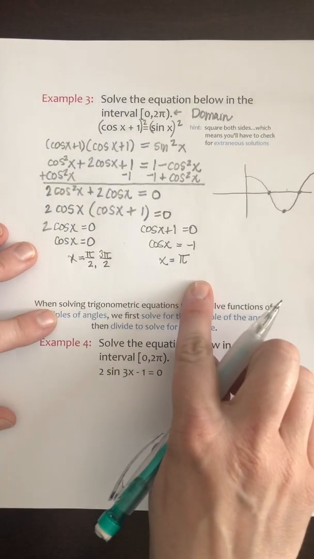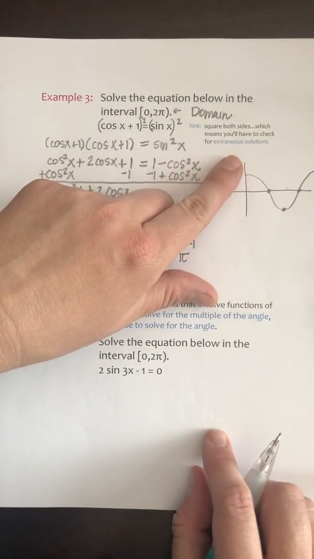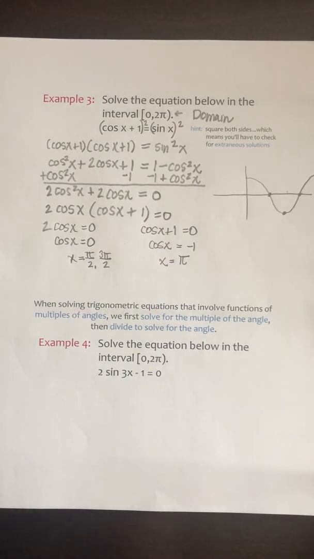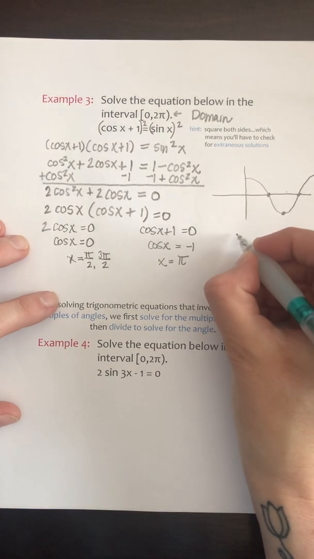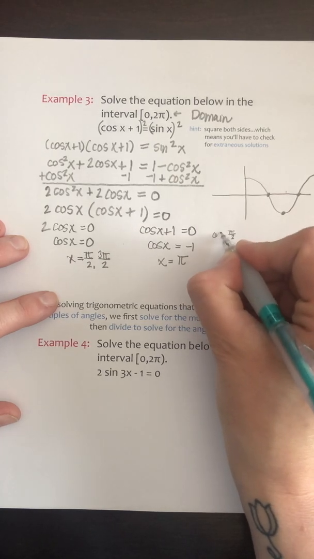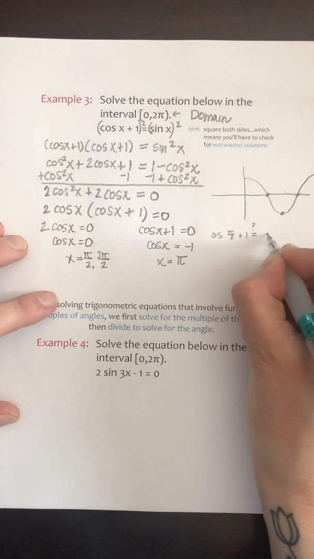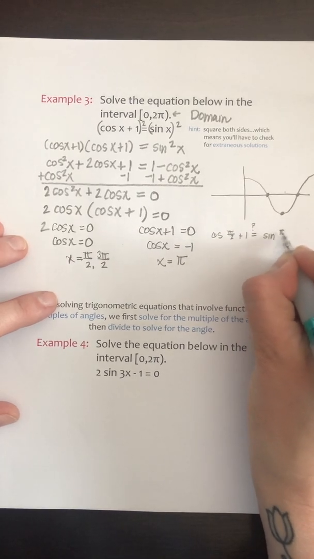So I have 3 answers, but remember, it said that we have to check, because sometimes when you square both sides, that might make one of those extraneous. So I'm gonna check. Let's start with pi over 2. I'm gonna go to the original problem. Cosine of pi over 2 plus 1 equals, we're trying to figure out, sine of pi over 2.